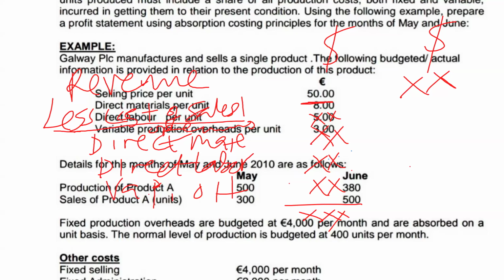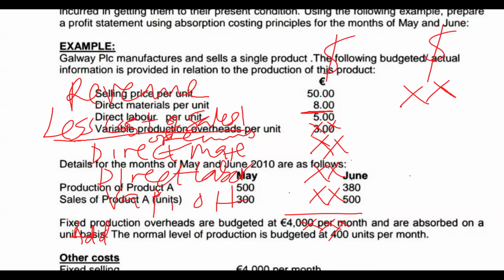Okay, so to this value that you find, you have to add the non-production variable costs. You get it, right? The keyword is non-production.